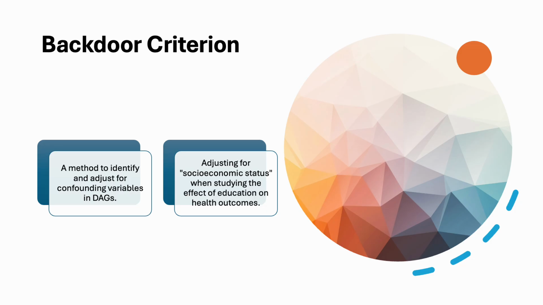By applying the backdoor criterion, we can adjust our analysis to block these misleading paths. This might involve statistically controlling for socioeconomic status to isolate the true effect of education on health. This results in a clearer, more accurate understanding of causality.